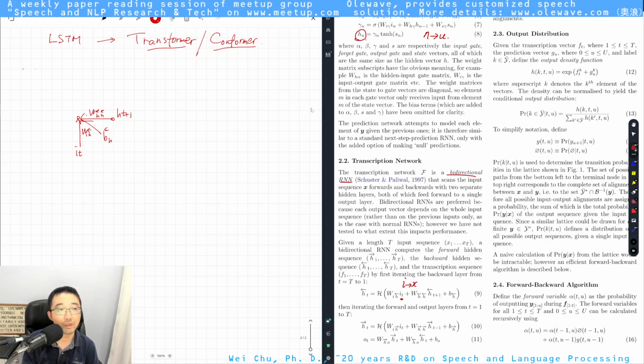After this, you see he has a function H, which is a nonlinear operation. Then he got a backward hidden vector at the time t.